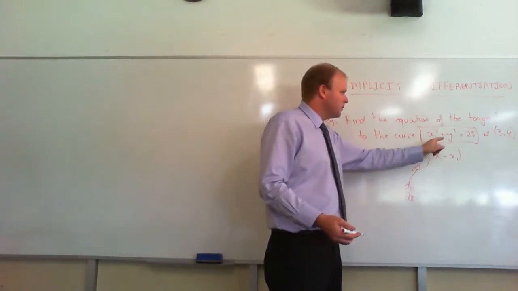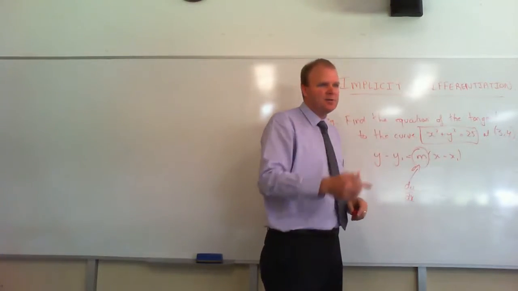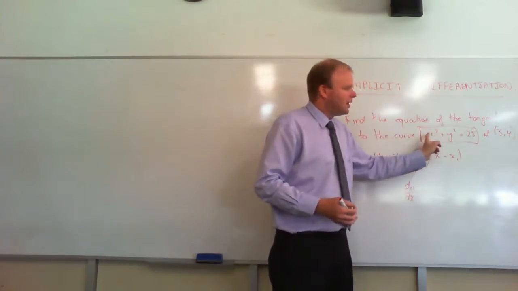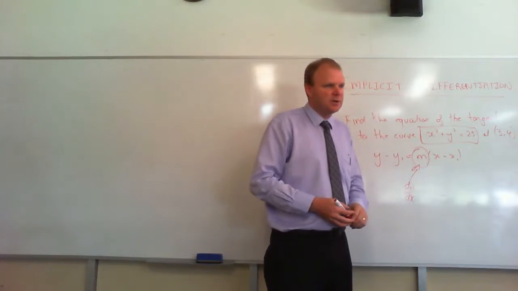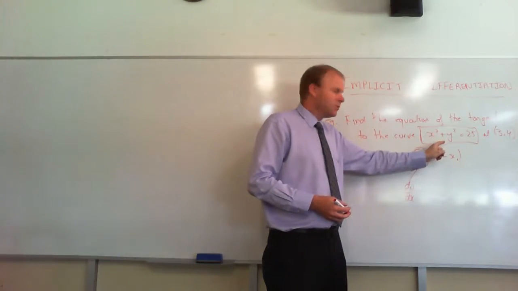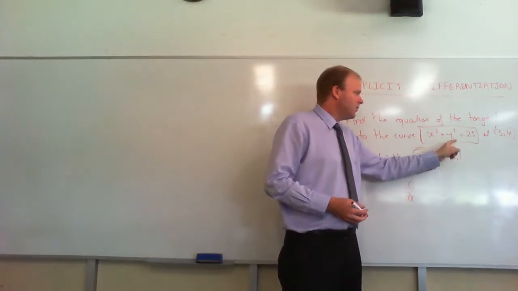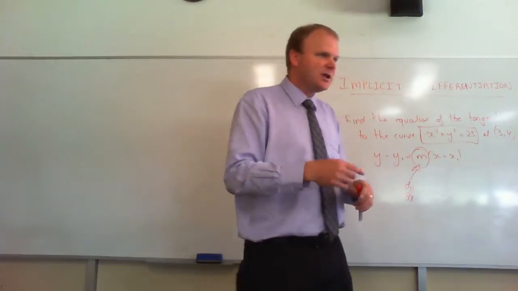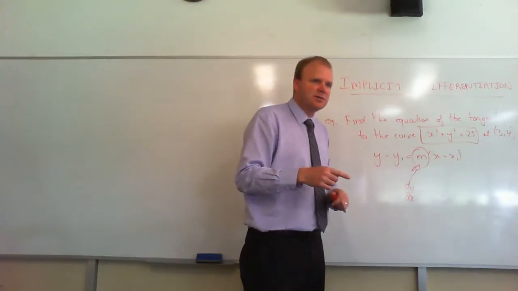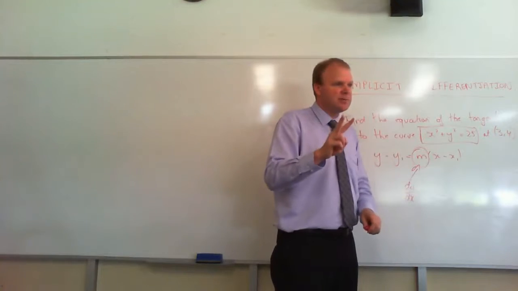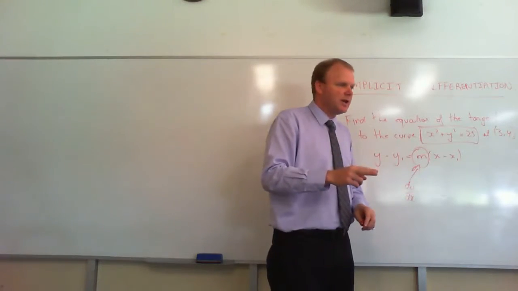Maybe a vague question. We need an equation of y equals. And the problem here is that we don't have an equation with y equals. Yes, we could rearrange it. But to get y equals, we're going to need to take a square root, which will actually give us the plus or minus. And so we'll actually end up with y equals two separate functions, one the positive and one the negative.